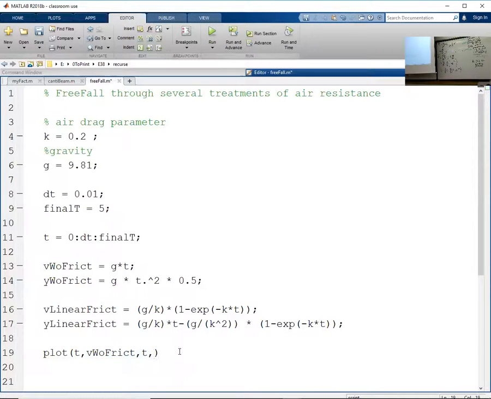Before I do this, what might we expect to see in these two lines? What difference do we expect between them? Without friction, your velocity is going to increase faster, so the slope of the line will be steeper in the first plot.